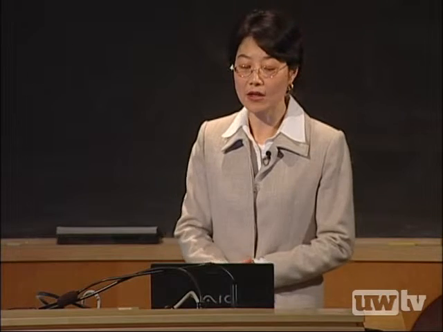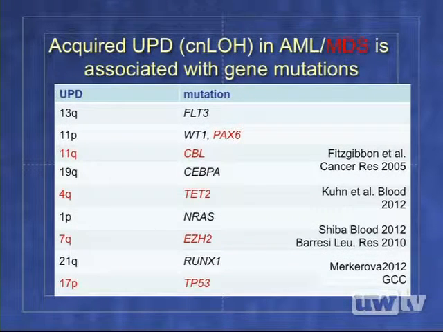It is also reported by several papers in the literature that acquired uniparental disomy, or copy neutral loss of heterozygosity, in myeloid disorders, in both AML, shown in black, and MDS, shown in red, is associated with specific gene mutations. For example, the 13q CNLOH is the most common one, and that's associated with FLT3 mutations.